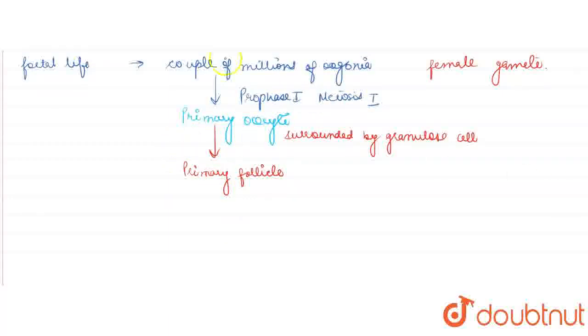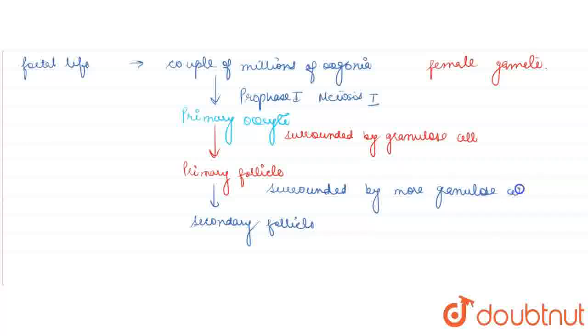And then these primary follicles will further get surrounded by more granulosa cells, and they will become, sorry, the secondary follicle. So this primary follicle will become secondary follicle by surrounding more granulosa cells.